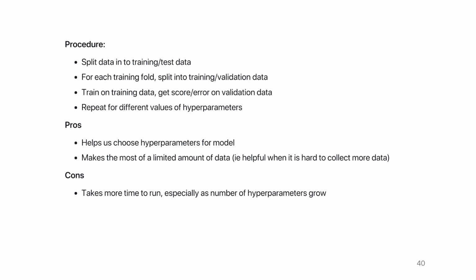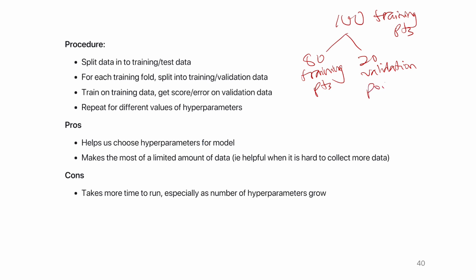And for each training fold, so when we say a training fold, we mean like for each split. So if I have 5-fold cross-validation and I have 100 data points, one way you could split it is I could split the 100 training points into like 80 training points and then 20 validation points.